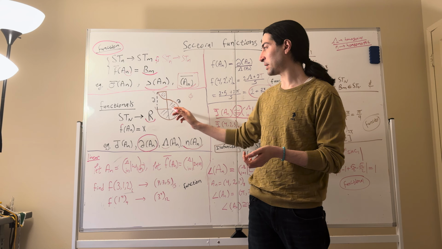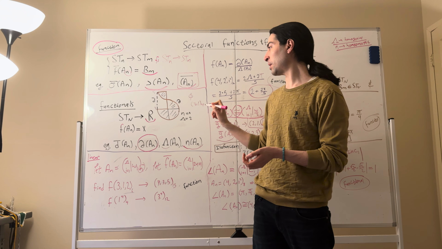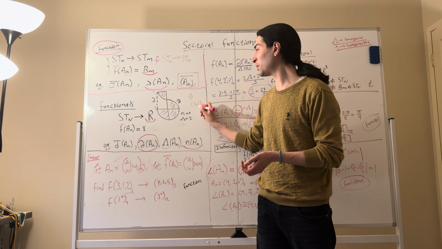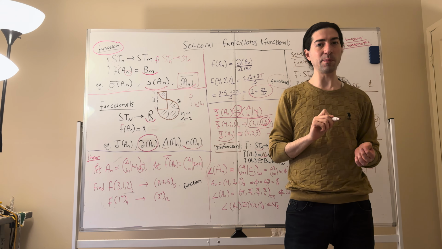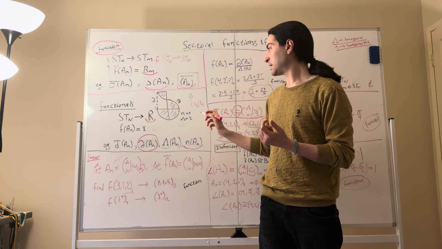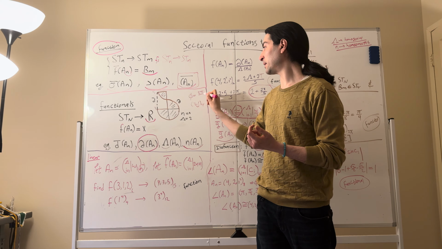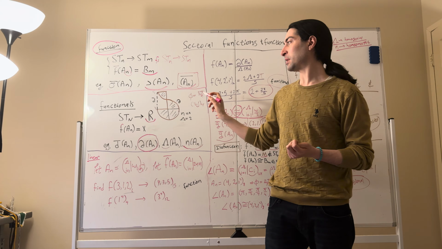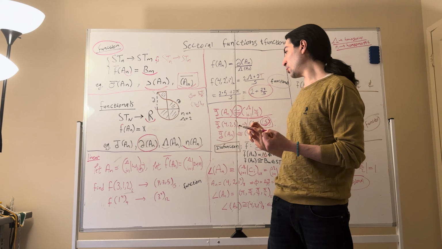Here we have the sectoral structure 3, 1, subscript 4. We want to figure out what arc length corresponds to a part that is equal to 1. That's very simple. We say phi equals 2 pi divided by n. In this case, n is 4. 2 pi divided by 4 is pi over 2.